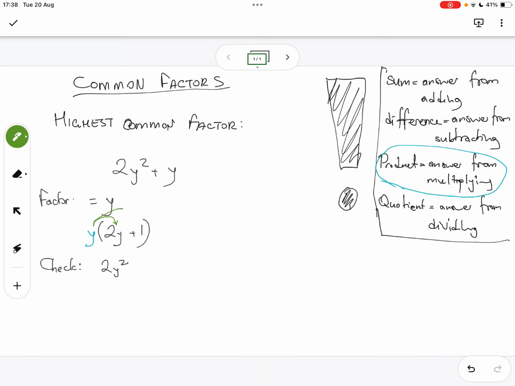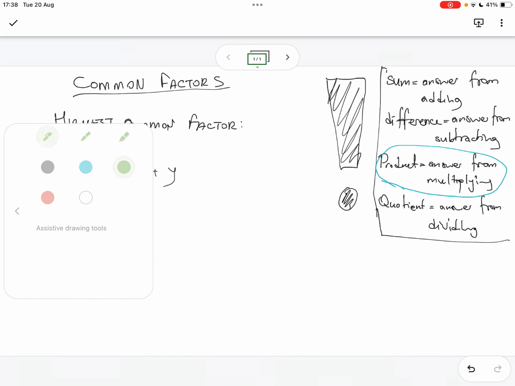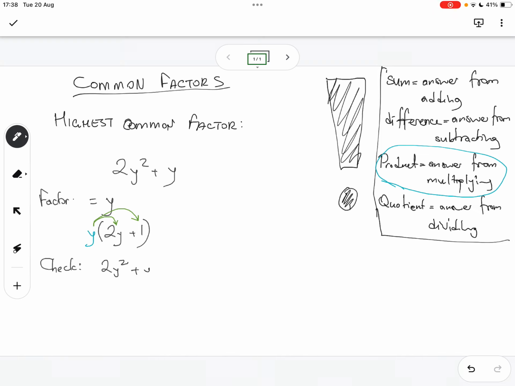For example, if we take this y and multiply it by 2y, we get 2y squared. And if we take that y again and multiply it by the number 1, we get plus y. You follow?